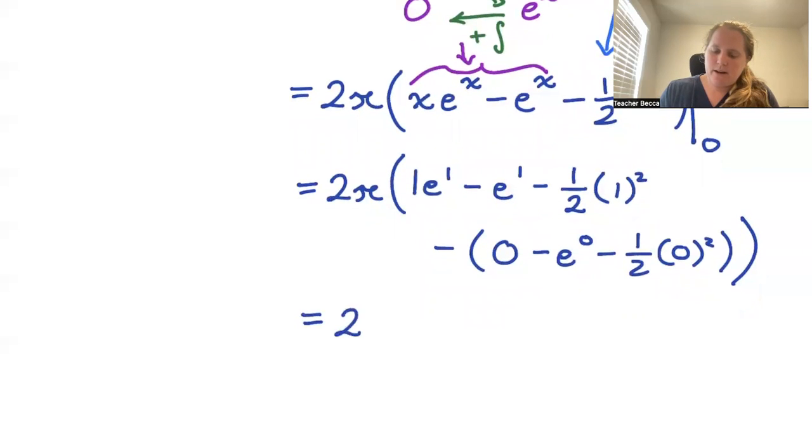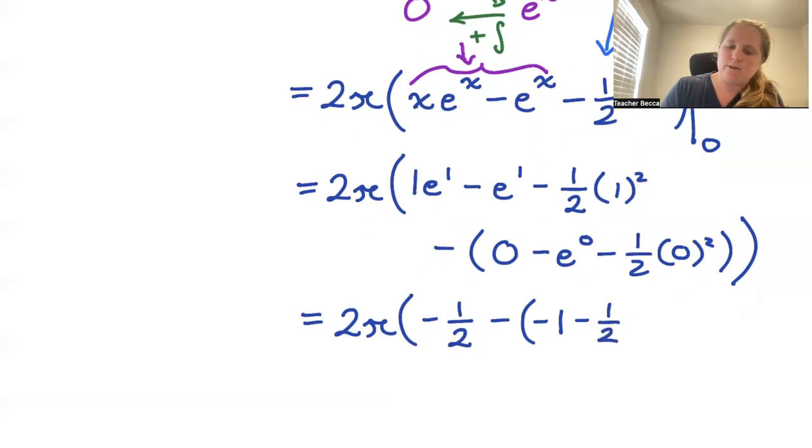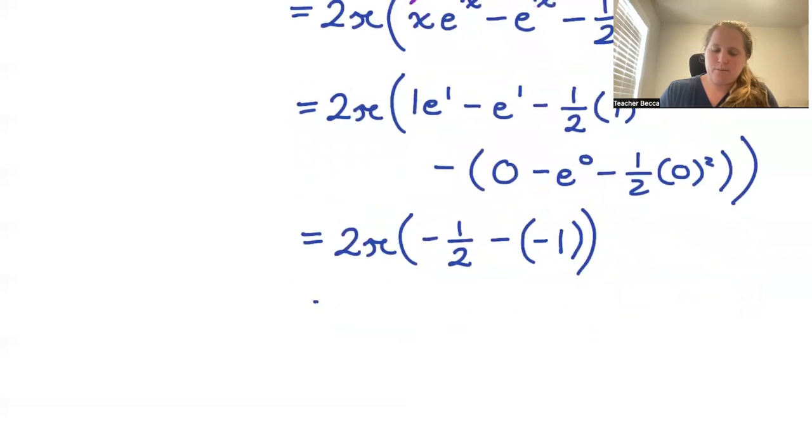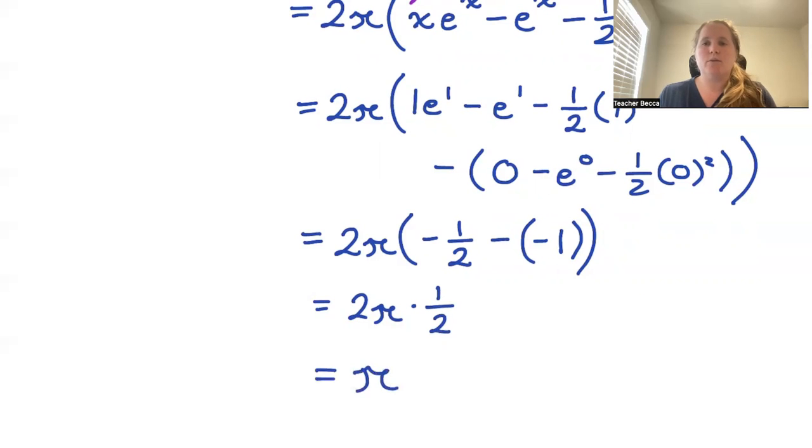So this is 2 pi times, we have e minus e cancels out, and we have a negative 1/2. Then we are subtracting off a negative 1. The rest goes to 0. And so this becomes 2 pi times negative 1/2 plus 1, which is just 1/2. And we get pi as our volume.